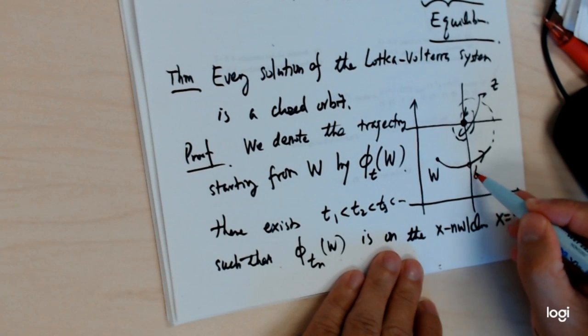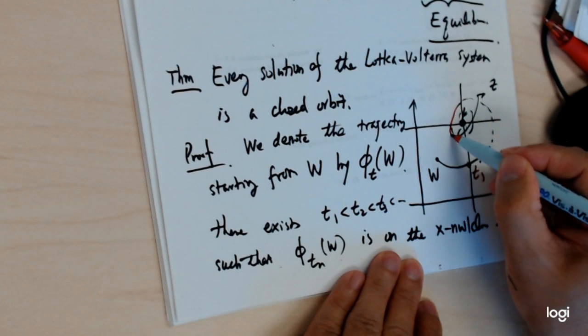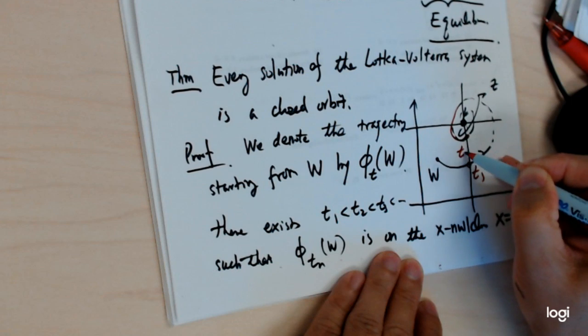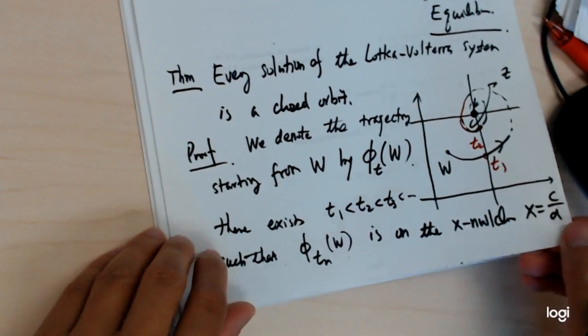So this is time t1, and if you try to approach Z, it'll cross the nullcline again at a different time t2, and so on. It's on the x nullcline.